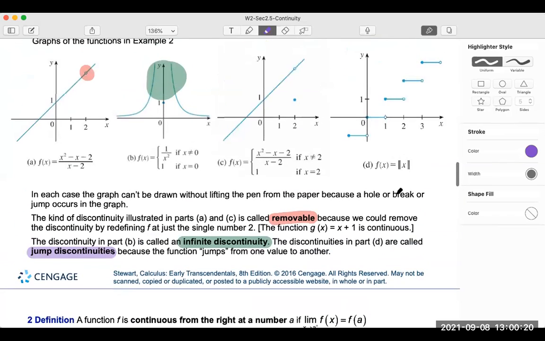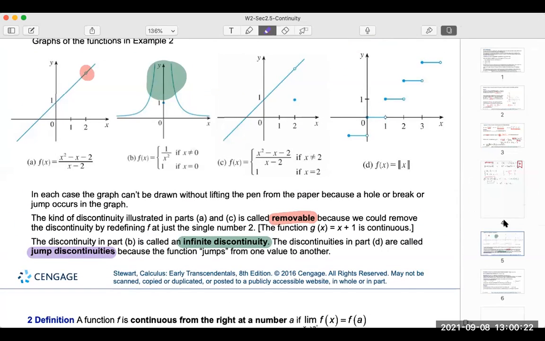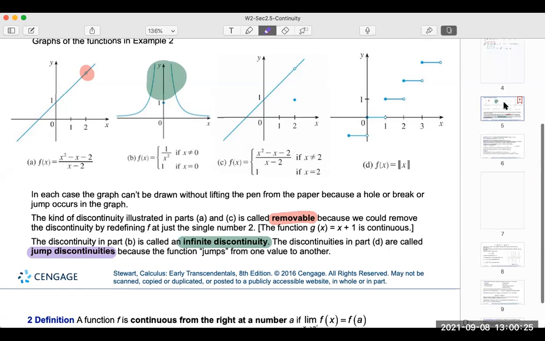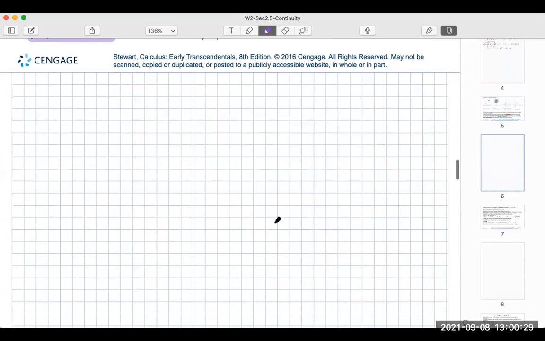Now, let us consider this function. The function f of x is equal to this. It is called, let me remind you of the name, the greatest integer function.